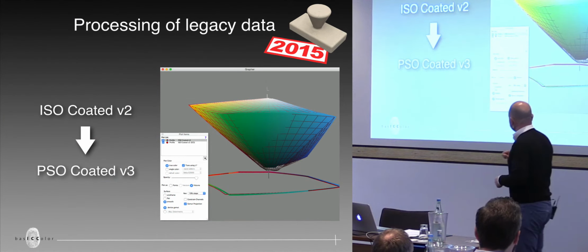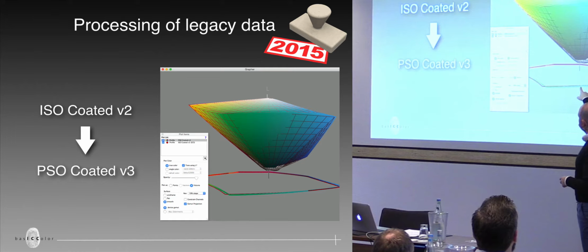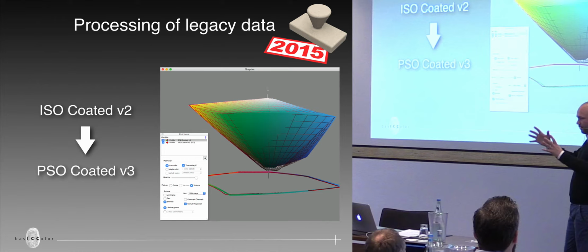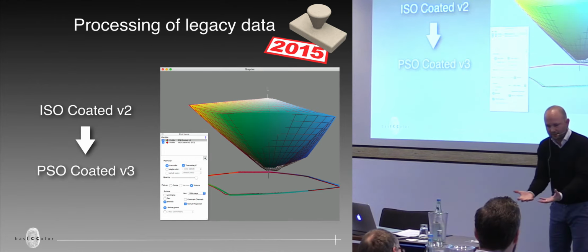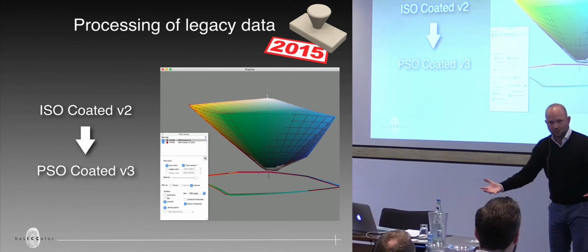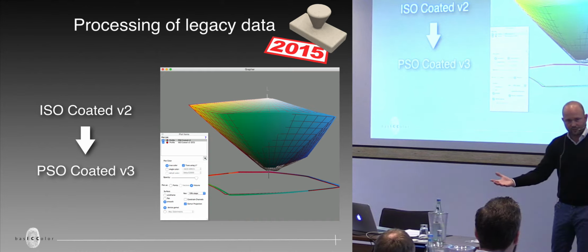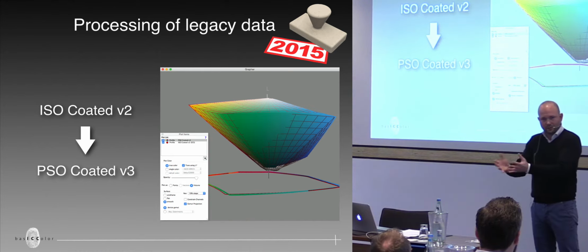If we have a look here, one difference is also in the dark tones: the maximum black is different. The wireframe is my ISO coated version 2. The wireframe, the old standard, defines a darker color gamut for offset printing. The new standard does not.